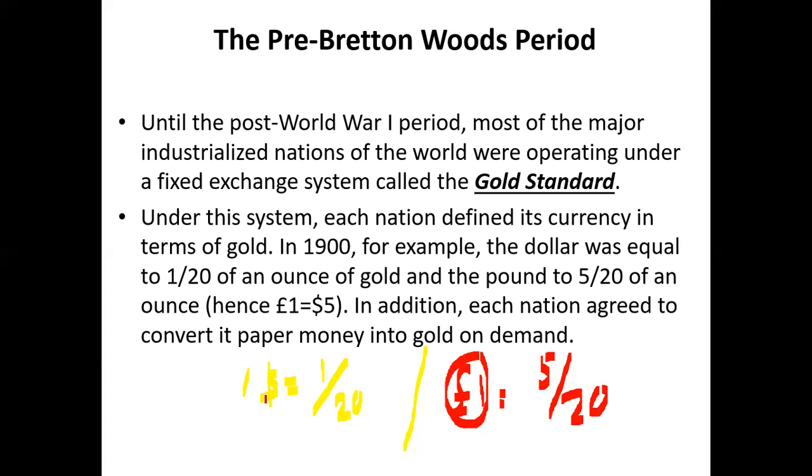But at that time, nations agreed to convert the paper currencies into gold on demand, because currency was issued against the backing of gold. Therefore, the countries could easily convert the paper money into gold on demand in those days. In other words, the convertible paper currency system was in existence during this period of time, that means until the post-World War First period.